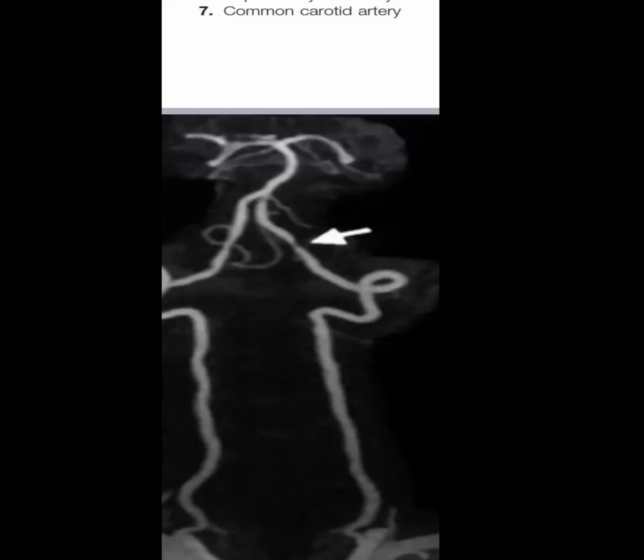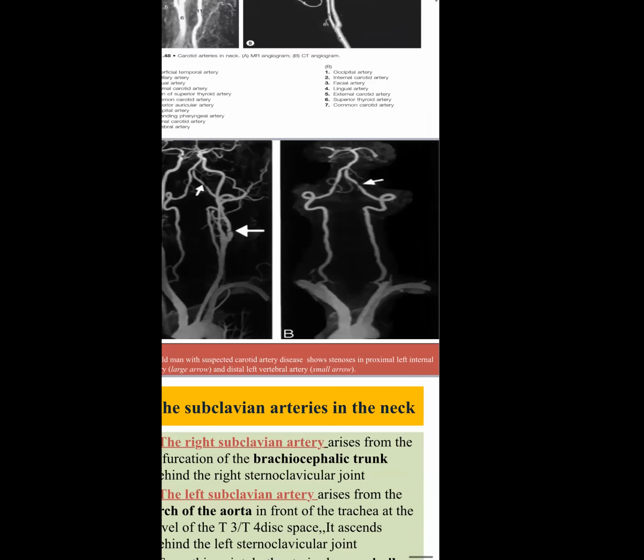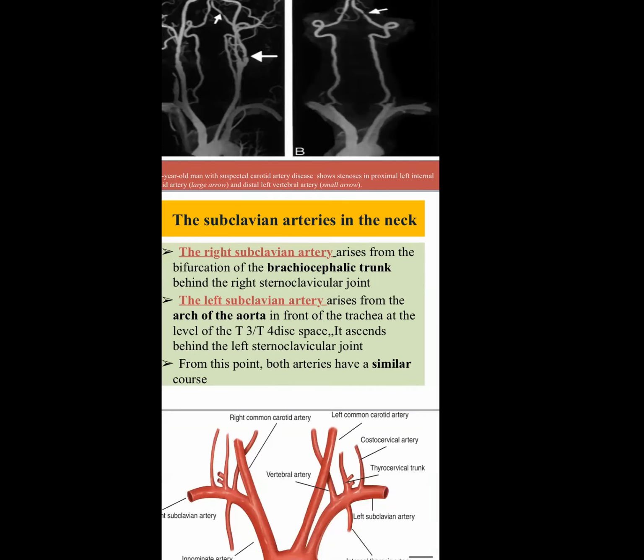Now, the subclavian arteries in the neck. So we finished the common carotid artery and its branch, the external and internal. Also, we have two arteries, the right and left subclavian artery. نفس الشيء, they are different in their origin, لكن بعد نقطة معينة they will have the same course.